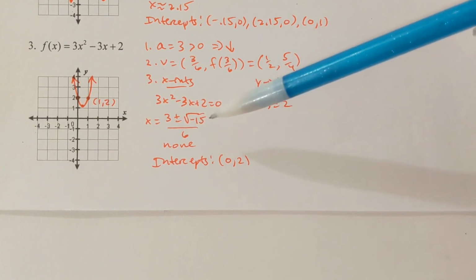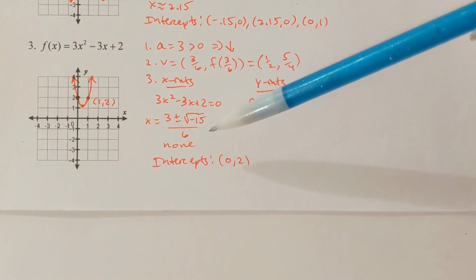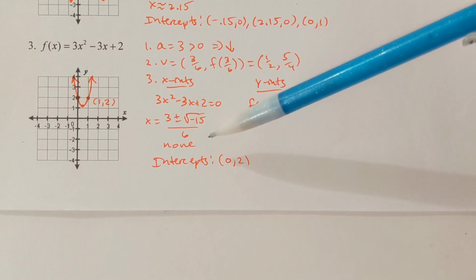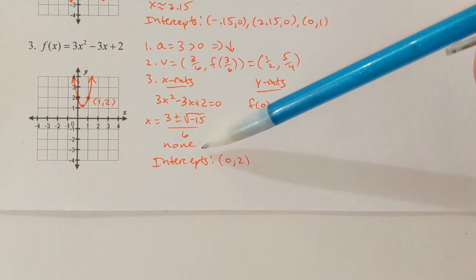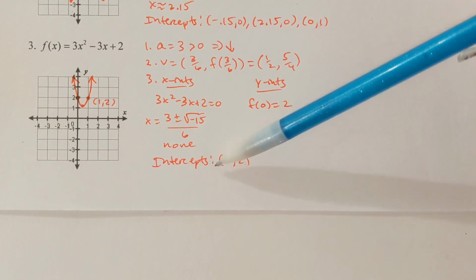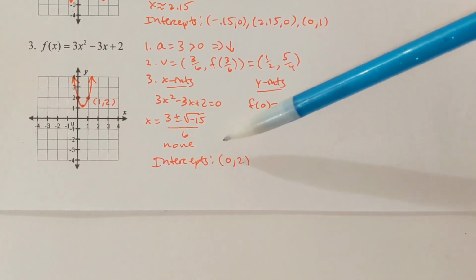Okay, so I get the square root of negative 15, and the square root of a negative is not a real number. So there's none where I'm going to have any x-intercepts.